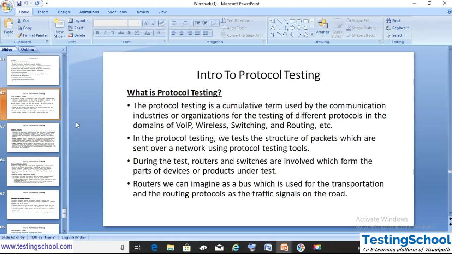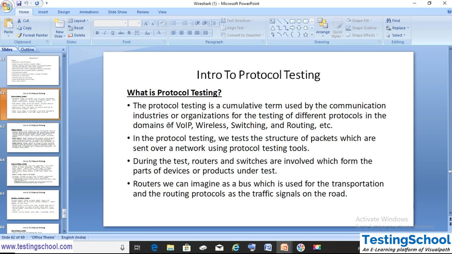So, what is protocol testing? Till now, we got to know that for proper functionality of networking, we need several kinds of protocols. We discussed some switching and routing protocols. A routing protocol is configured in the routers to learn the routes dynamically.